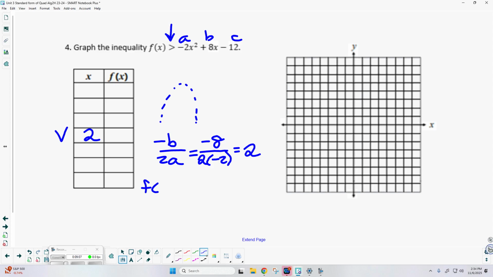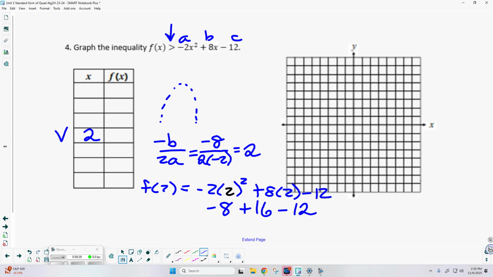So f of 2 equals, we got a -2 times 2 squared plus 8x, so plus 8 times 2, and then minus 12. So let's see, 2 squared is 4, times -2 is a -8, plus 16, and then we have minus 12. Okay, so if you simplify that, we are going to get -4.